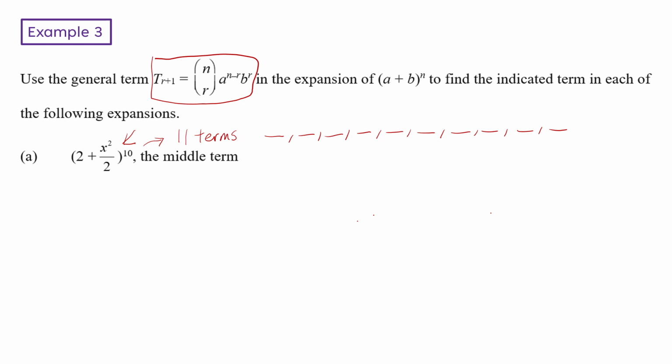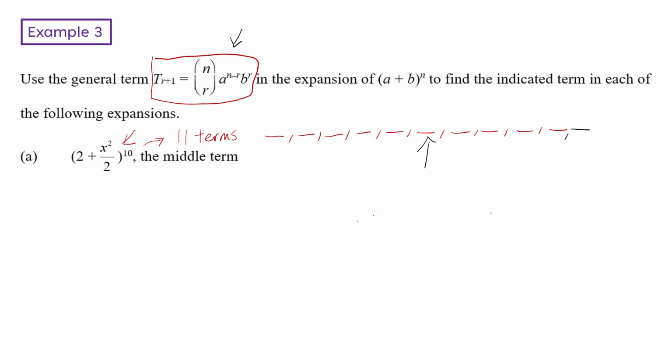So the middle term will be the sixth term. But we're not going to expand all of it just to find the sixth term, because we're asked to use this general term. This general term will help us to find the specific term that we're interested in.